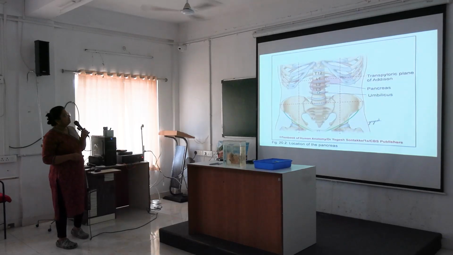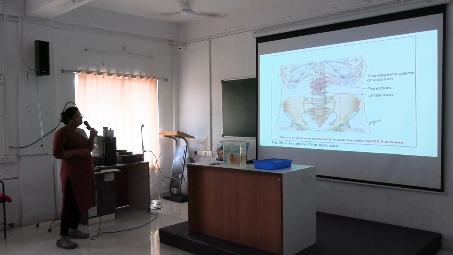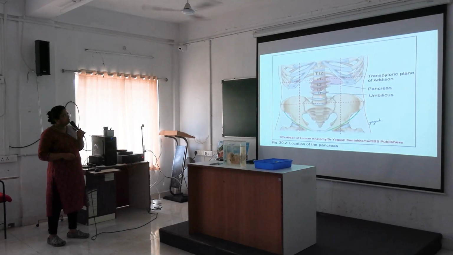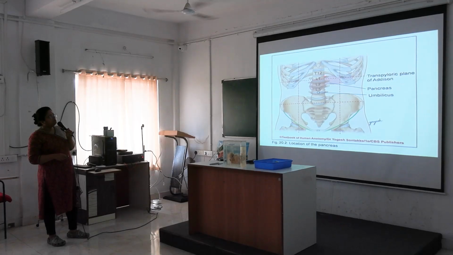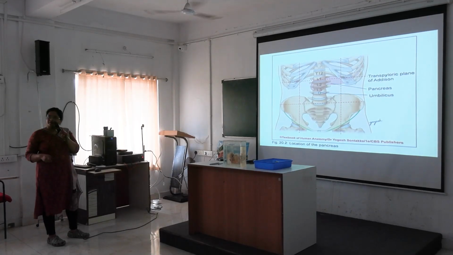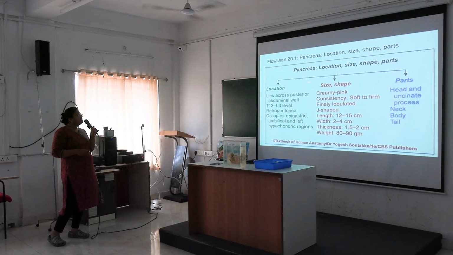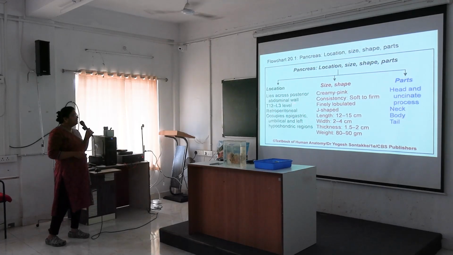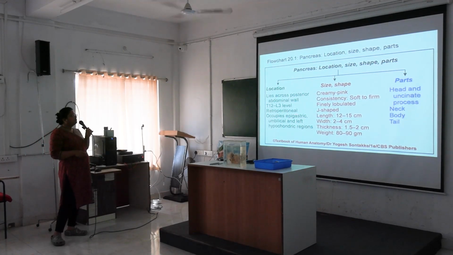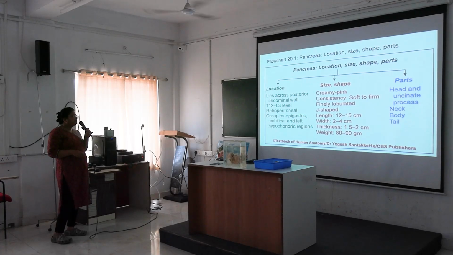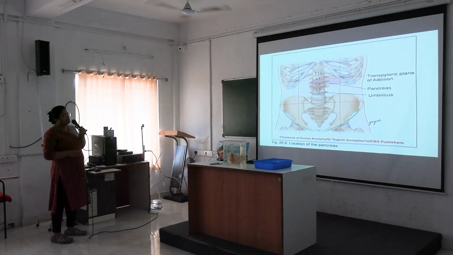Okay, so these are the different regions, umbilicus. So here is the location of pancreas. You can see here, opposite T12 to L3. Okay. So pancreas lies across posterior abdominal wall T12 to L3. Retroperitoneal, occupies epigastrium, umbilical, left hypochondrium.